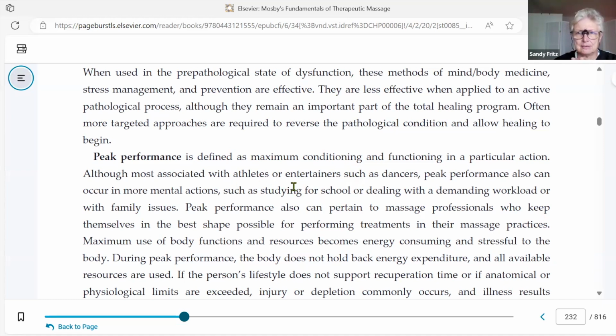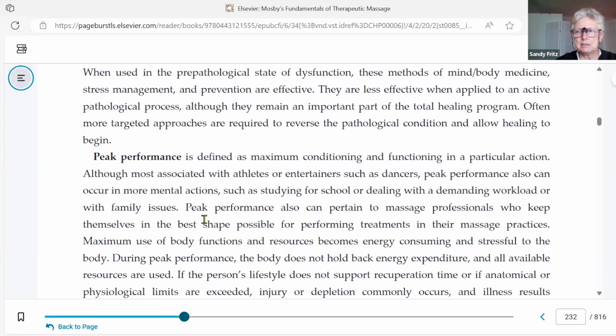That is not necessarily the case. When you are at peak performance, your next step is injury or illness, because you have made your body do as much as it possibly can before it has reached its limit. So you've got to watch this.